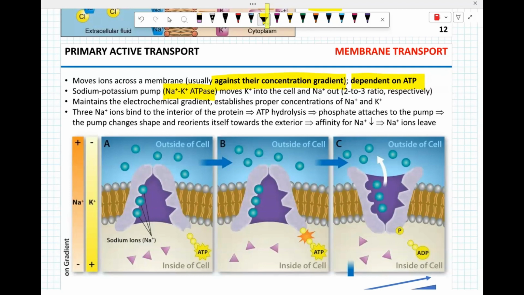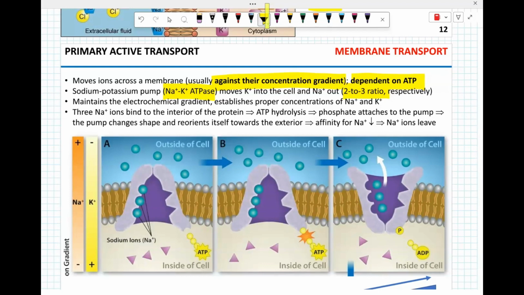This enzyme moves potassium ions into the cell and sodium ions out of the cell in the ratio of 2 to 3. In other words, for every 2 ions of potassium moved into the cell, 3 ions of sodium are moved out of the cell.